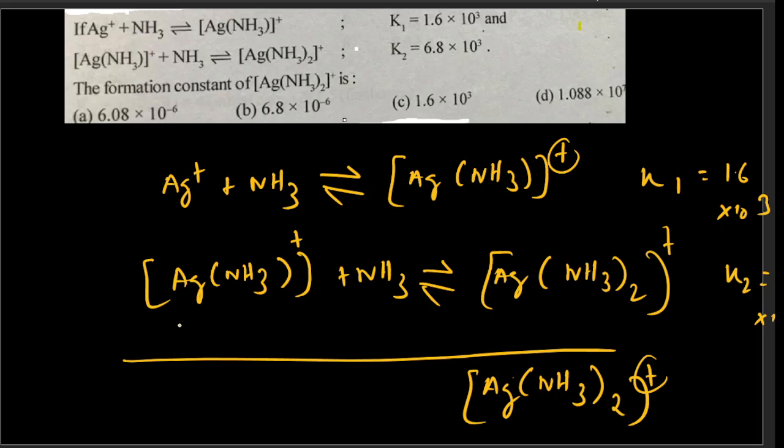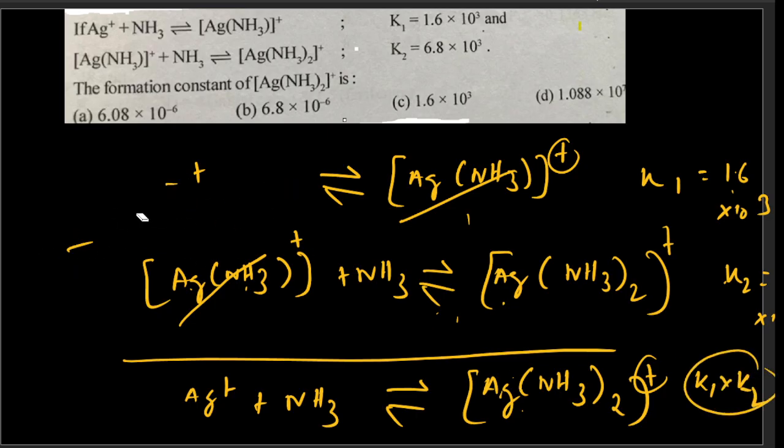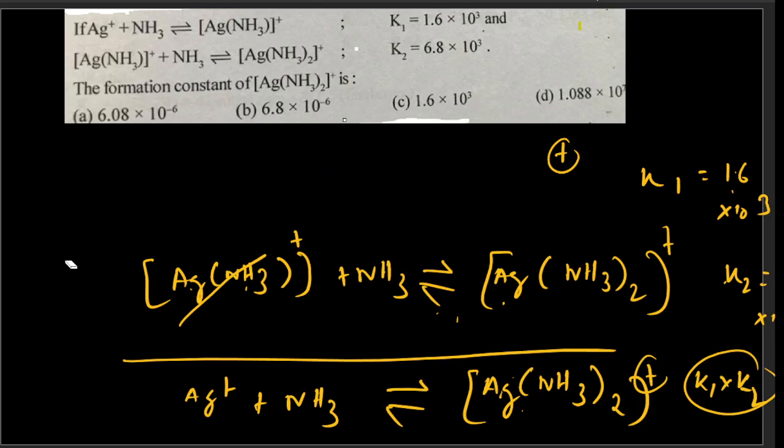So basically what you will do is just add the two reactions. If you add them, you get Ag plus plus 2 NH3 giving Ag NH3 2 plus. If we add the chemical reactions, then the constants get multiplied. So K1 into K2 is the value for this.